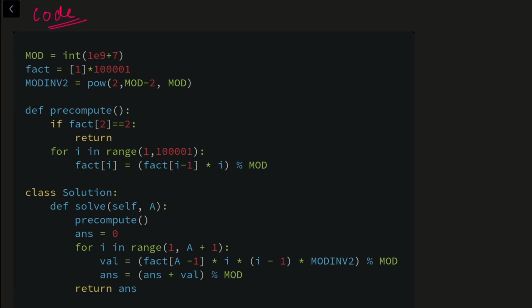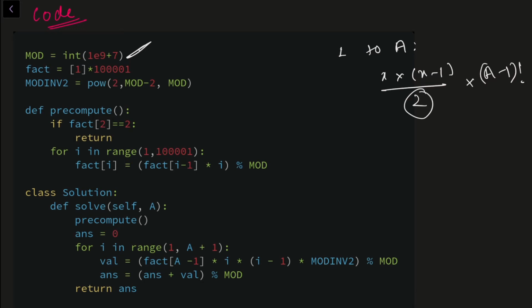So our formula was, we need to iterate from 1 to a, and for each number x, we are using this formula x into x minus 1 by 2, and we are multiplying it with a minus 1 factorial, right? So that is basically what we are doing here. But since we need the answer modulo some number, in this case 10 raised to power 9 plus 7, instead of dividing by 2, I have already pre-calculated a mod in 2.